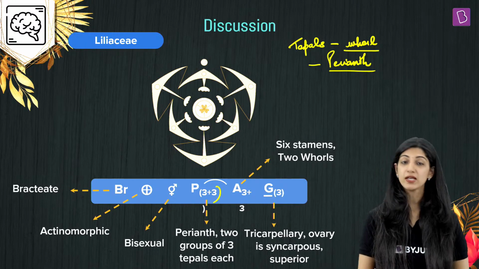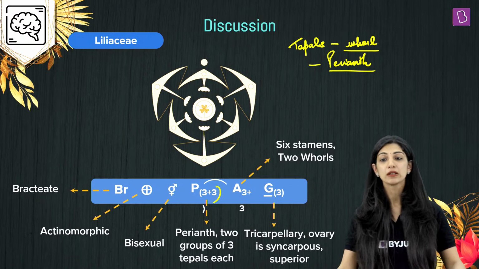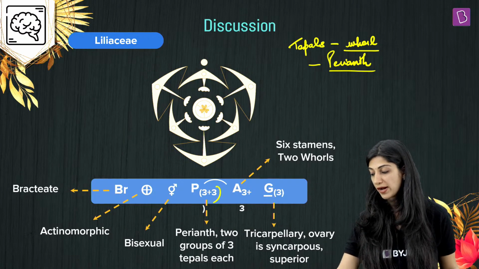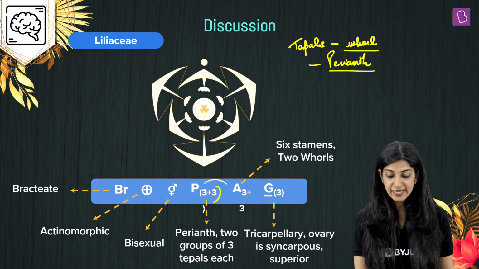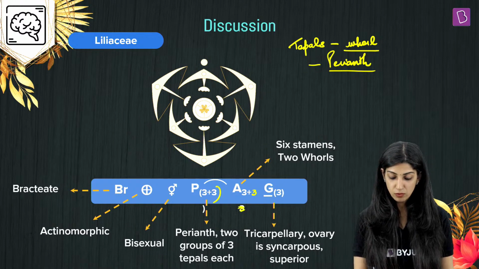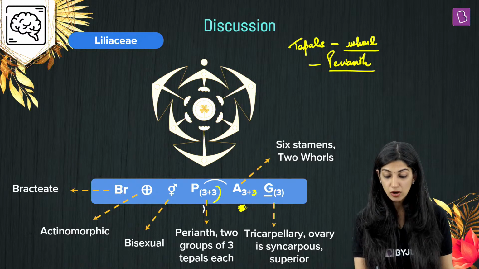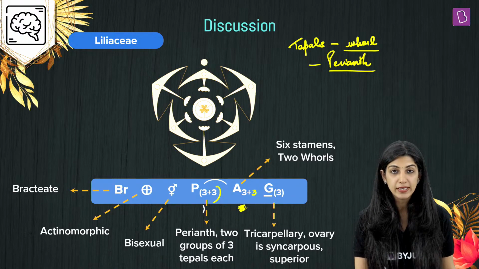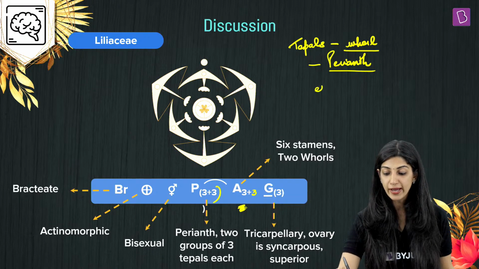Now, this is a very nice feature of the onion family, Liliaceae, the monocot family. Okay, so you see stamens are attached to, there is a little problem here, never mind, look here. Good. So now the androecium is attached to the tepals. Let's see the chat box. It is the epiphyllous or epitepalous condition.